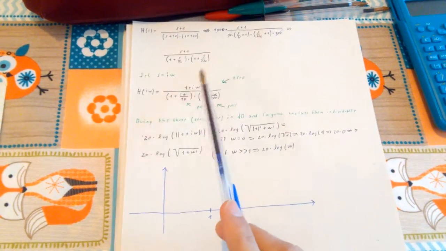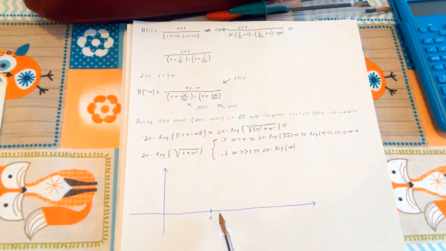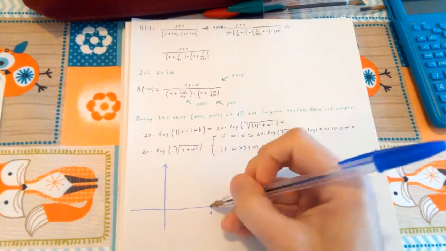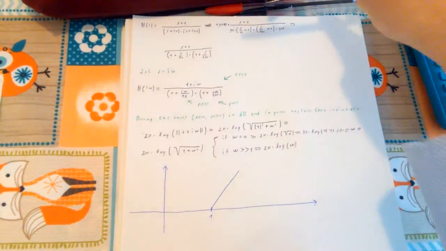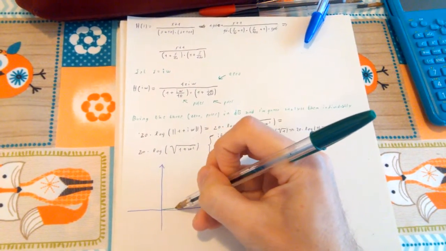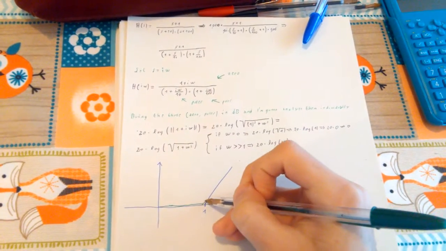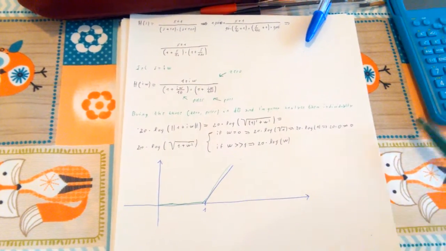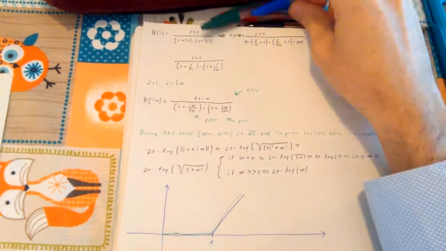So basically, whenever you have a zero, it goes up, and whenever you have a pole, it goes down. So it's a zero, and therefore it goes up, just like this. So our function will look essentially stationary till 1, and then it's going to go up. It's not over, we're just barely getting started.